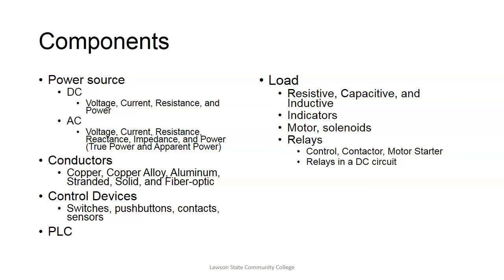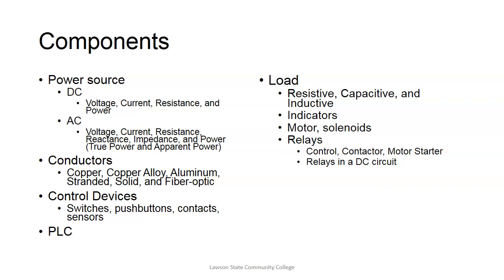This is electrical current that only flows in one direction. This is what you learn in DC: voltage, current, resistance, and power. You learn Ohm's law, Watt's law, and Kirchhoff's law, which basically varies. We have one law that deals with series circuits, and one law that deals with parallel circuits.